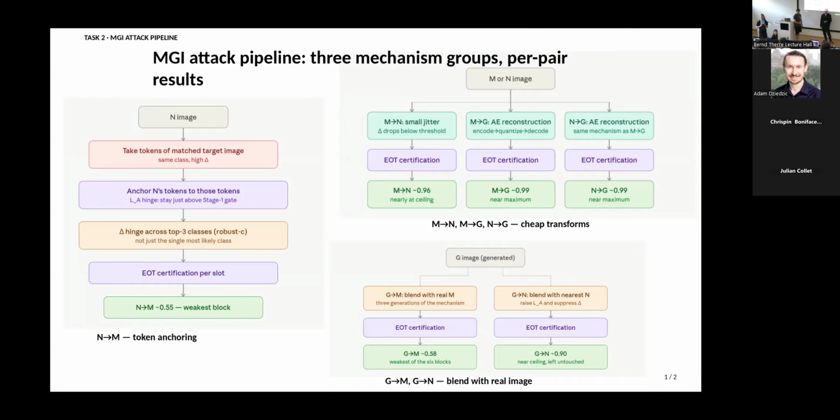Any more questions? Do you have any idea why you were able to fool the detector from G to N, but not from G to M, while N to M also works quite poorly?